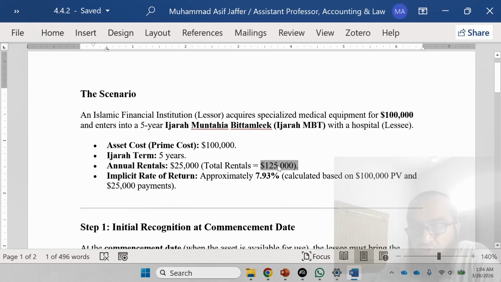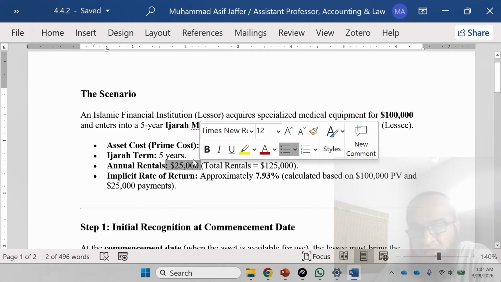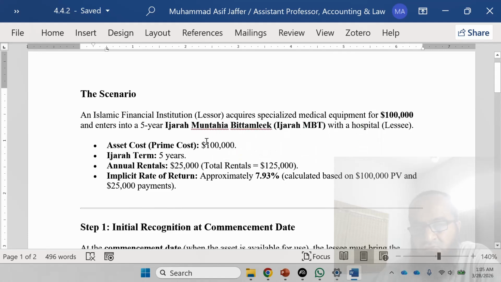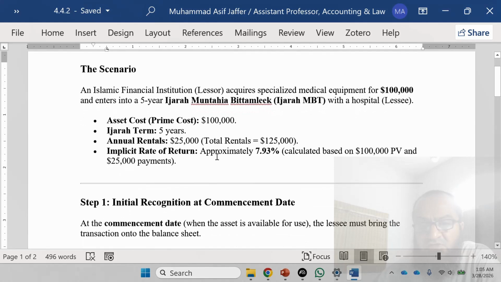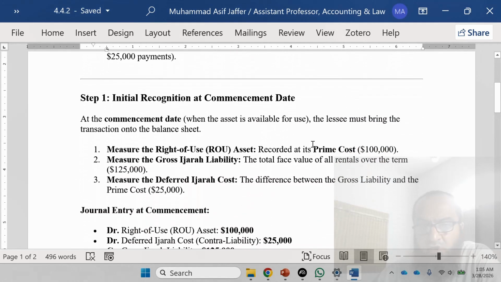We would have used the market rate of return, say 8% or 9%, and worked out the present value of the 25,000 annuity for 5 years, and we could find 90,000 or somewhere around this as the cost of the asset. This is not preferred, but if the fair value or the purchase price is not available, then this is the only way out.